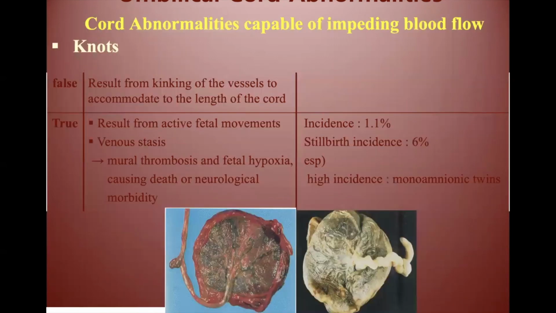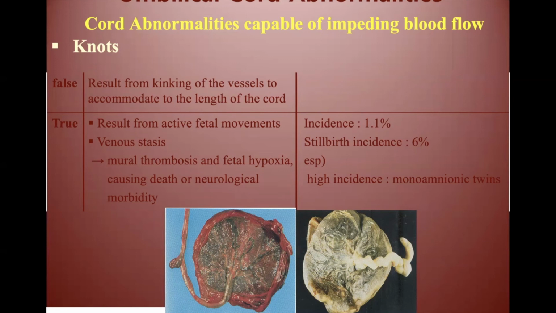Also, we have cord abnormalities capable of impeding blood flow. It's knots. There is false information that knots result from kinking of the vessels to accommodate the length of the cord.